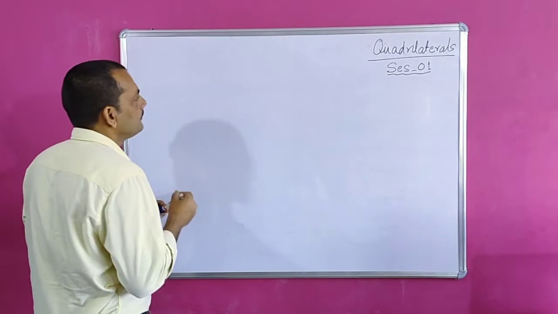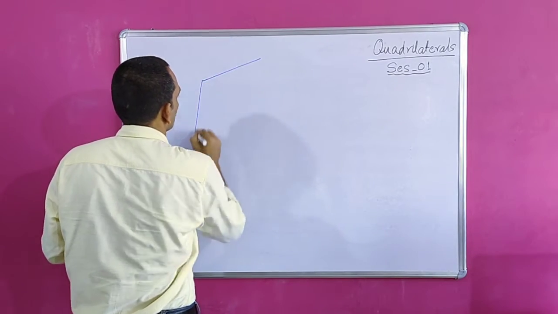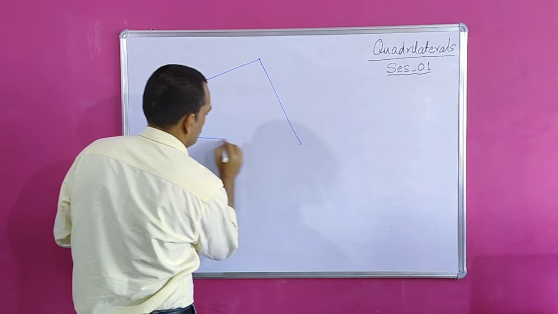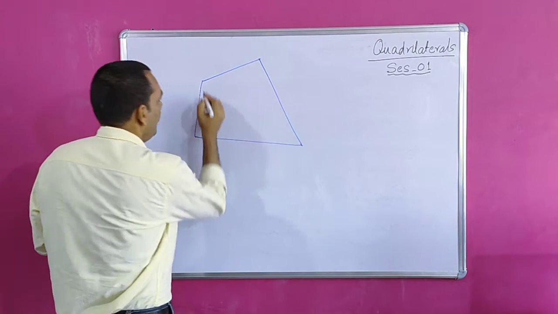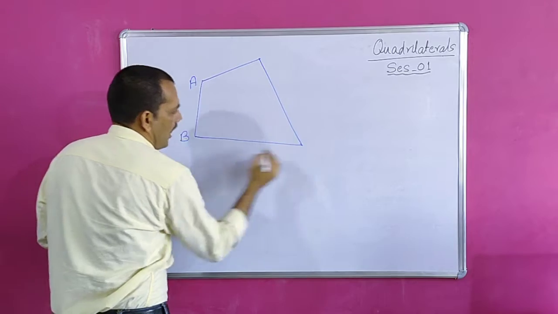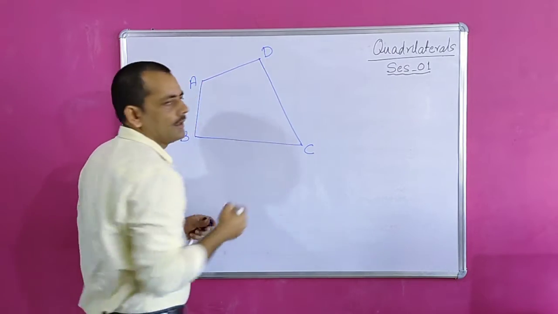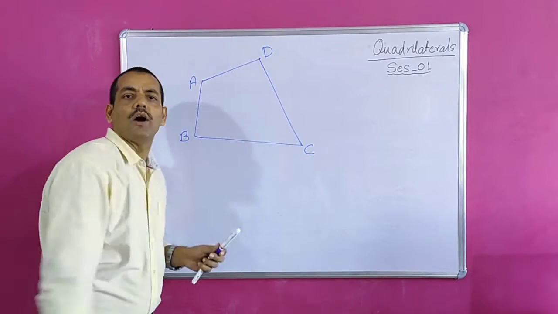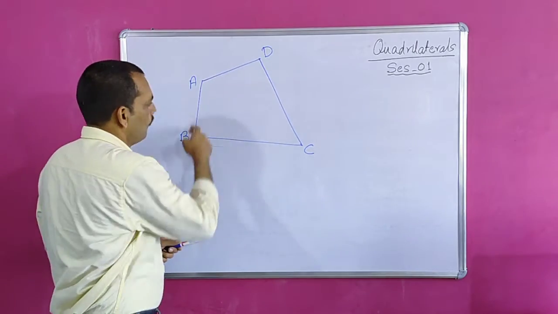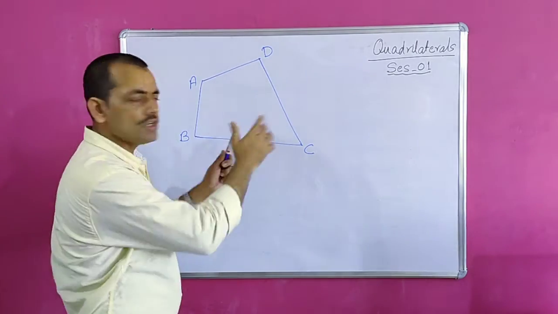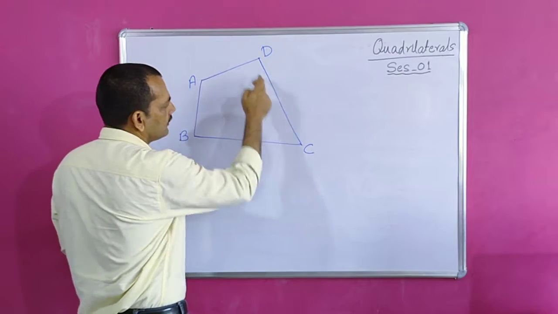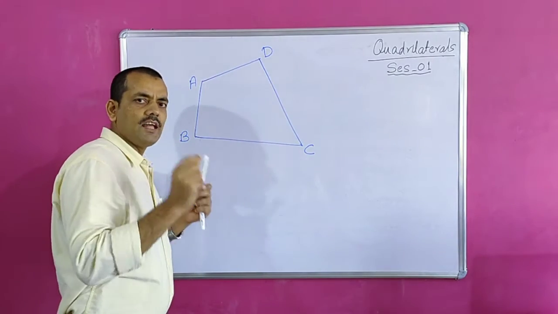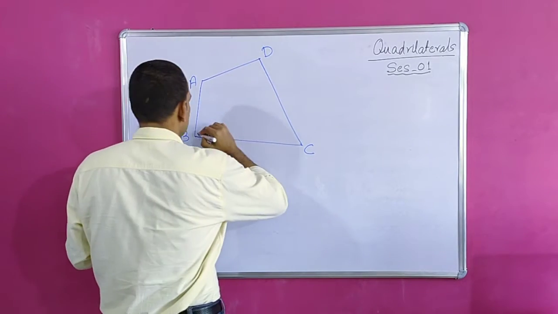For example, if I draw a figure like this, now this is a quadrilateral. 4 sides. Now if 4 sides, it simply means 4 internal angles also. And there is one more term which is known as diagonal.